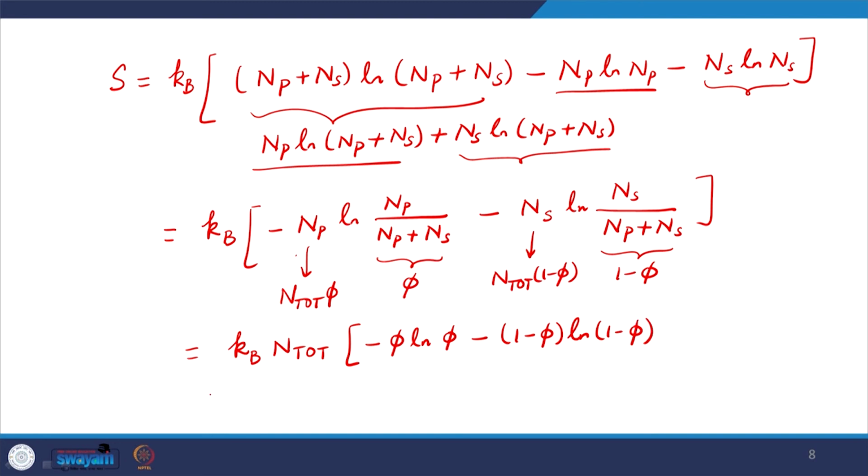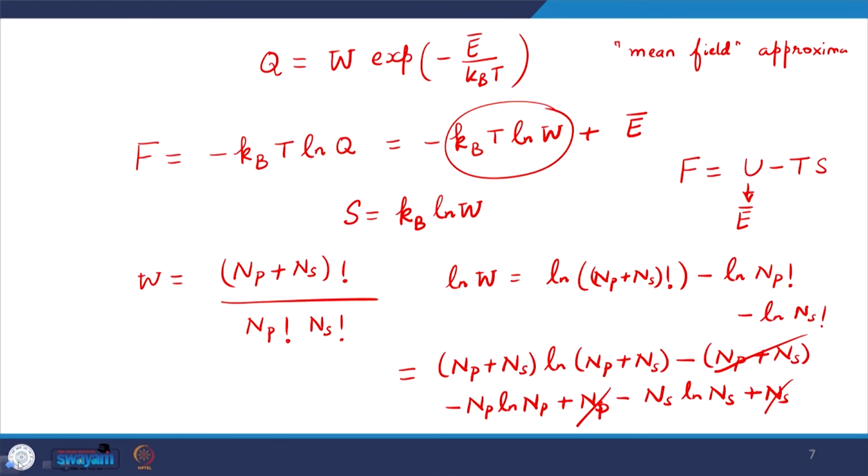So, if I put this expression of S back in the expression of F that we had there, what we will have is F is equal to E bar minus TS. E bar we had already evaluated.